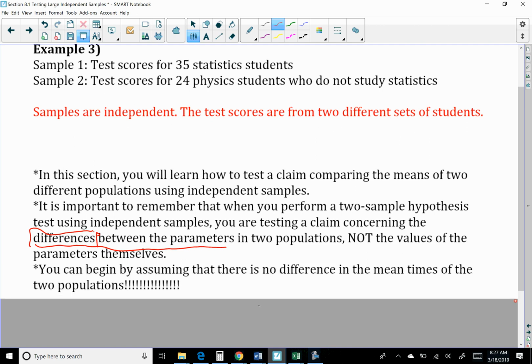You can begin by assuming that there is no difference in the means of the 2 populations. So that'll be your initial assumption, that there is no difference in the means of the 2 populations.